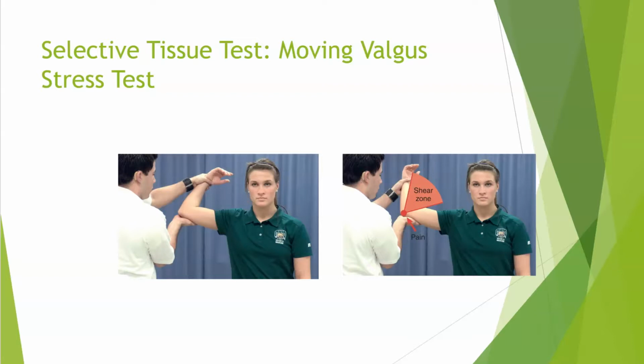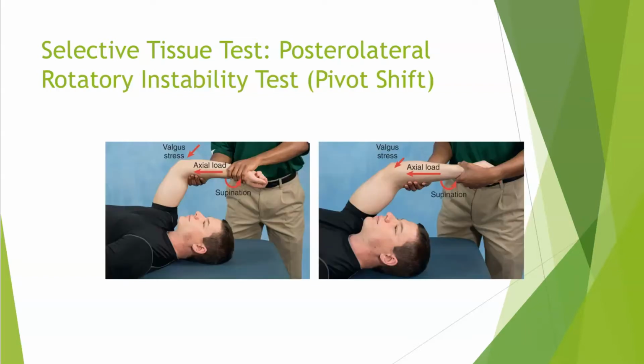Okay, so on this, I don't know if I would even want you guys doing this. Normally, I would just do a valgus and varus stress test. This is just putting it in a different plane and looking for a shear zone. It's probably something that you guys will learn more so at the next level, but for the most part, like I've said, valgus and varus.